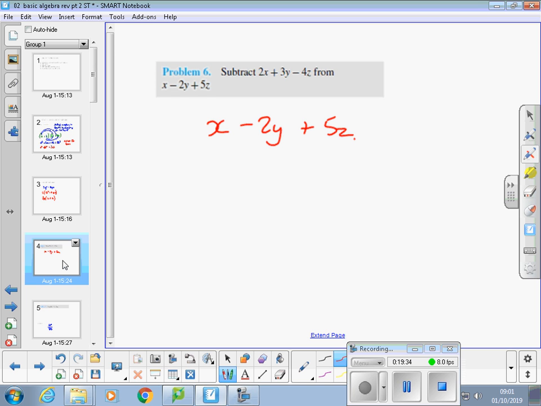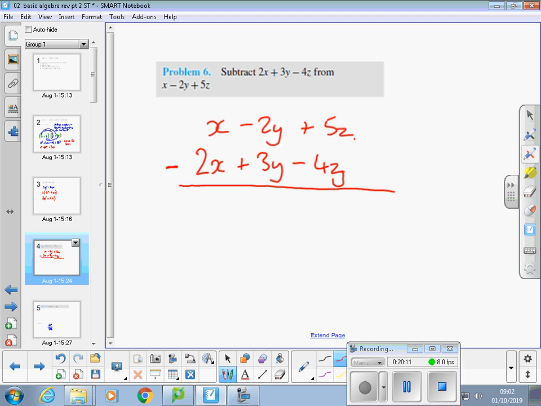We're going to take away 2x plus 3y minus 4z from x minus 2y plus 5z. That's the easiest way to do it, term by term. Put the expression you're going to subtract from at the top, and the expression you're going to subtract from it underneath, and then you just do it row wise.